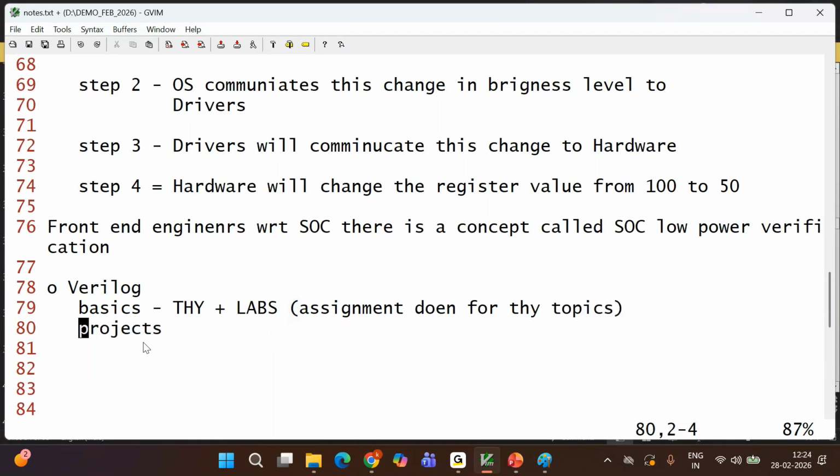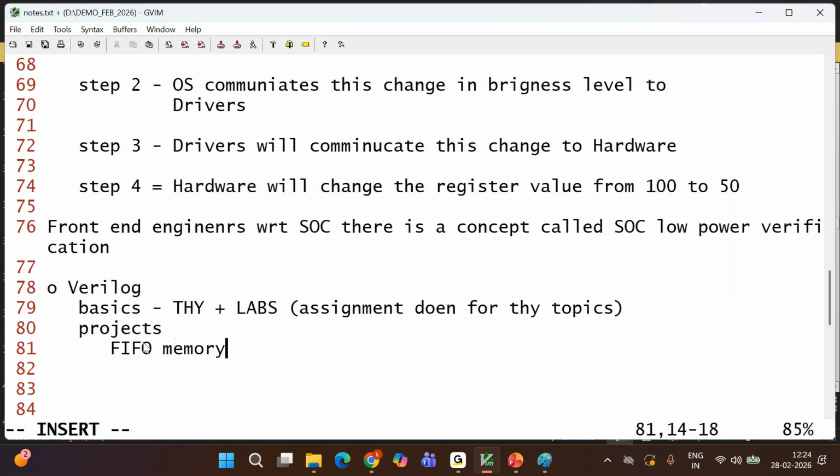Now the question comes: sir, I will learn these things in theory, Verilog I will learn, but in industry, how is it applied practically? That is where projects come into the picture. I think that's your question, right? In every SoC there is something called FIFO. Every real-time project will have a first-in first-out memory.